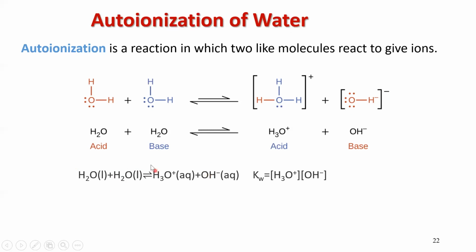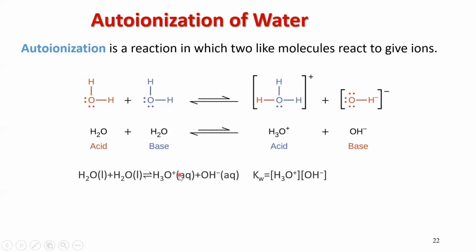Now, it's a reversible reaction. We can write a K expression. And we give the K just a slightly different look to it. We use a subscript W to say we're talking about the equilibrium constant for water, Kw. And we calculate Kw the same way we calculate any equilibrium expression.